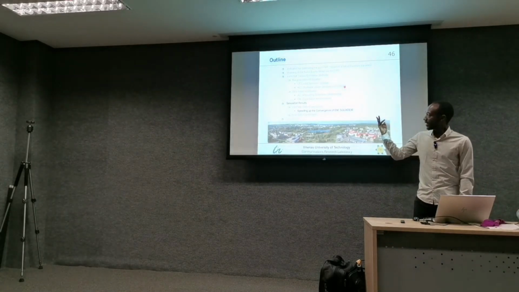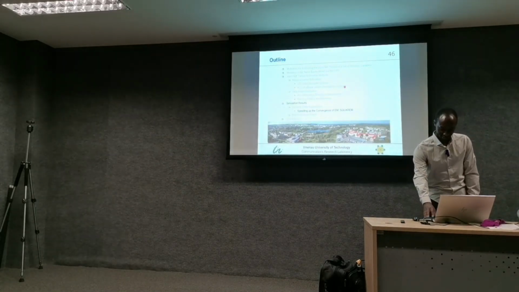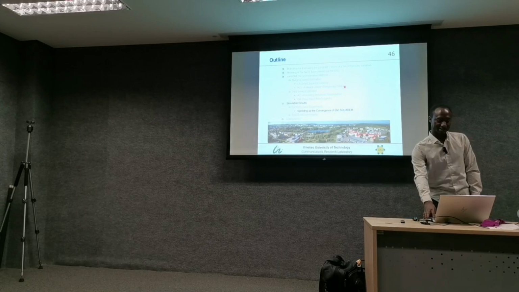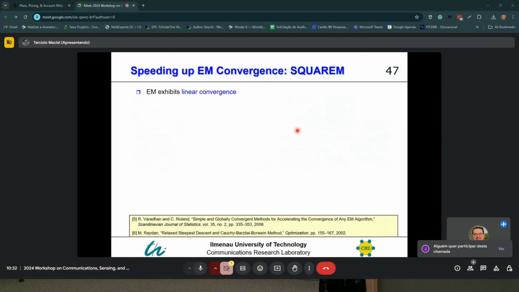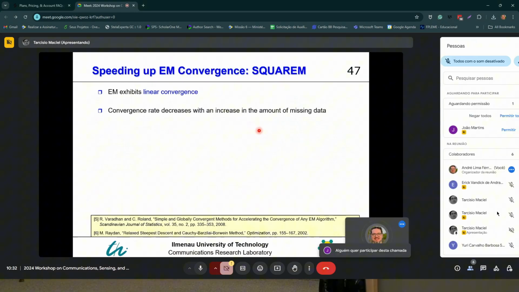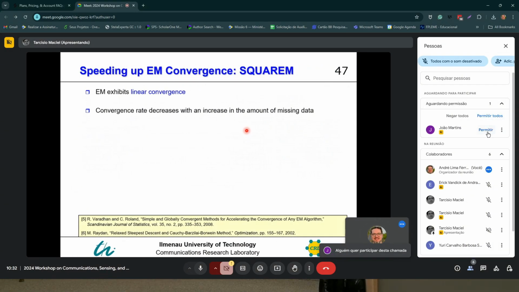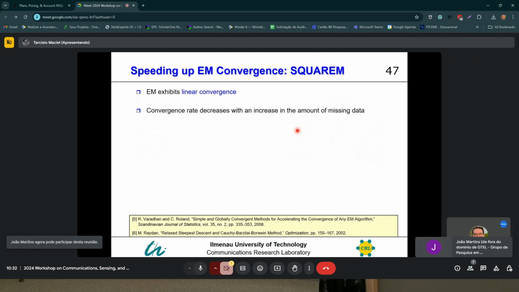So I want to show you a technique for how we can achieve a faster convergence for EM. EM exhibits linear convergence, and if you have a data set with a lot of missing information, then this convergence will be even slower.